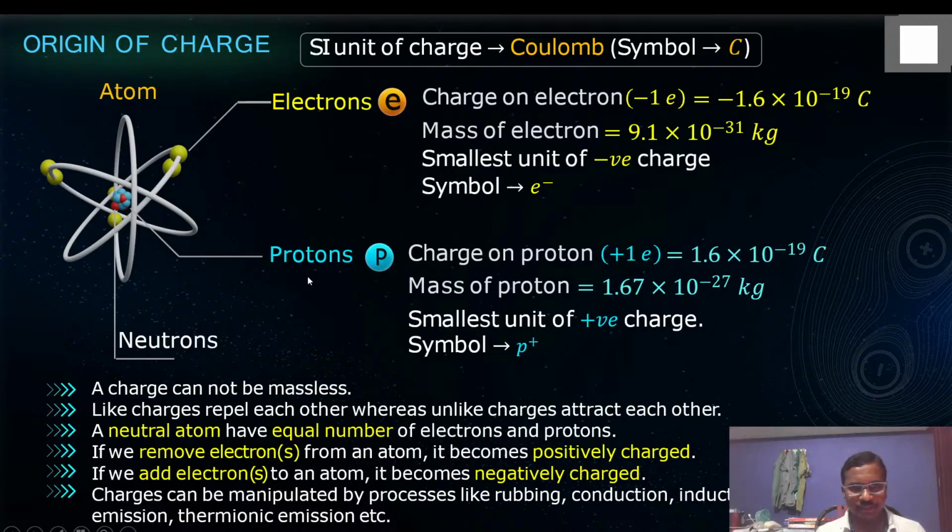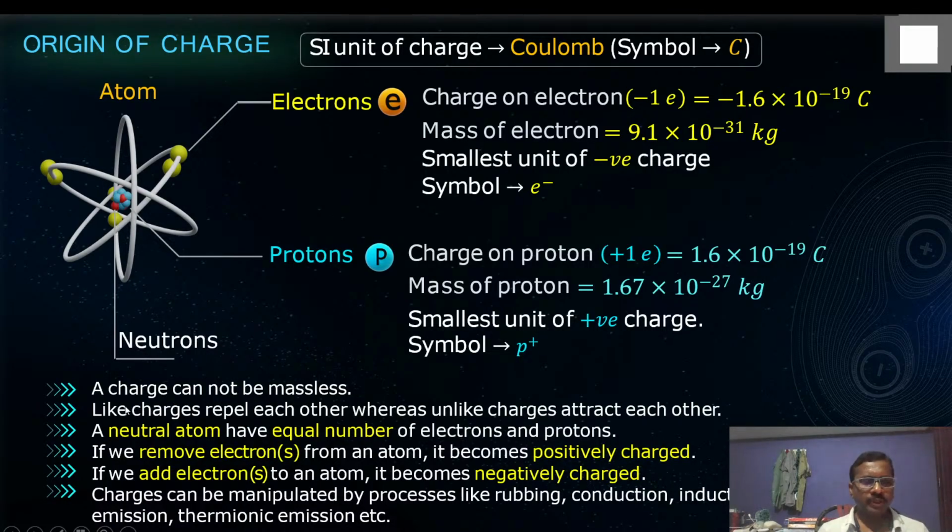And the next one is proton. Charge on proton is 1.6 into 10 power minus 19 coulombs. Mass of the proton is 1.67 into 10 power minus 27 kilograms.